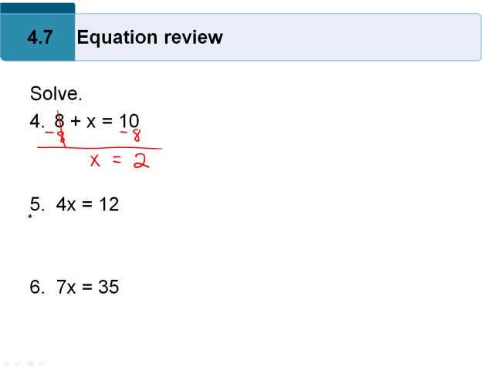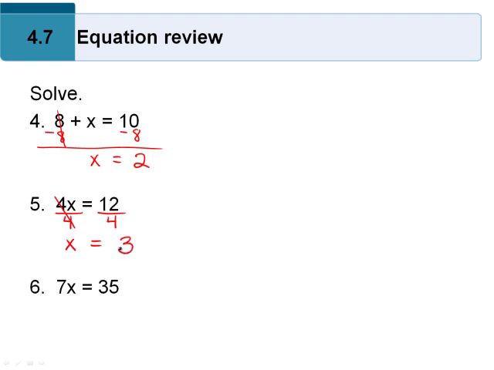Now, number 5 gets into a different operation here. It's 4 times x equals 12. To get rid of that 4, it's multiplication, so I need to divide. Always do the opposite operation when you're solving equations. So divide by 4 on both sides. The 4's cancel, x comes down, and 12 divided by 4 is 3.